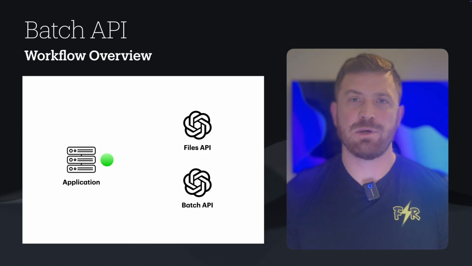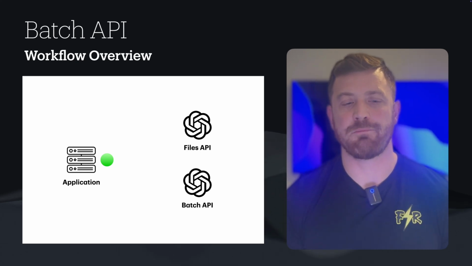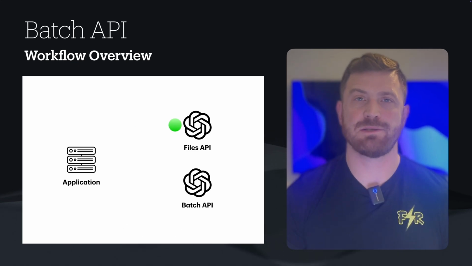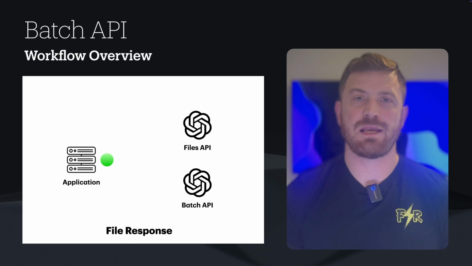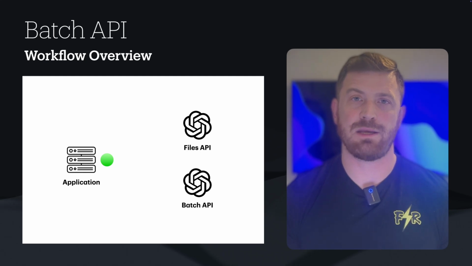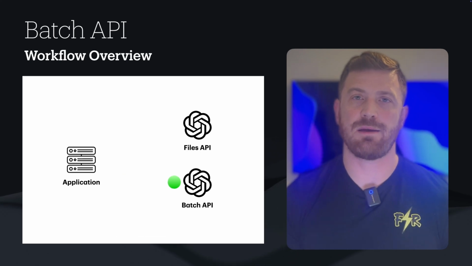So if that wasn't confusing enough, let's go through an illustration. We have our application on the left and OpenAI APIs on the right. Our application is going to send a batch file to the Files API. That Files API is going to return a file ID once it's successfully uploaded. We're going to take that file ID and use it as the input file ID when we create a batch job with the Batch API.